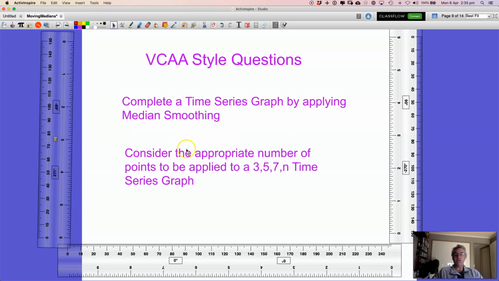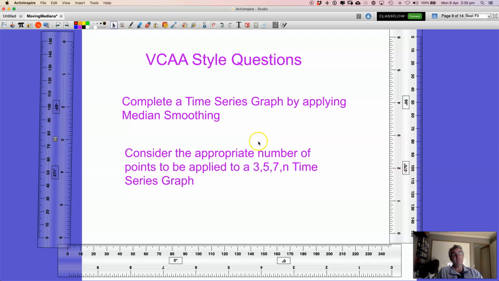And the other sort of question you're going to have to address is you need to consider the appropriate number of points that are going to be applied to the 3, 5, and 7 time series graph. In other words, do I exclude the first point or exclude the first 2 points?